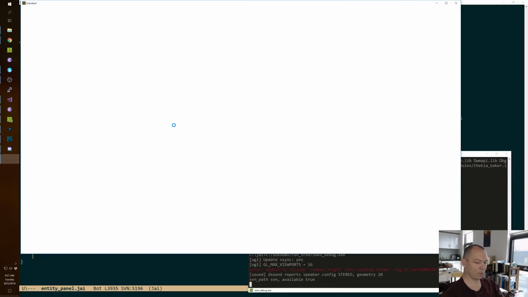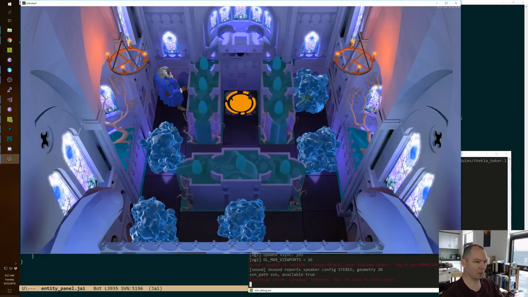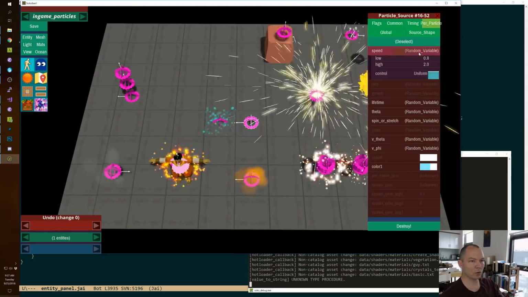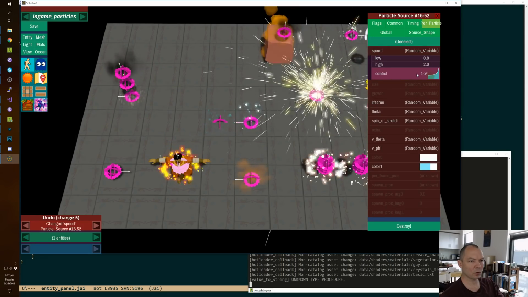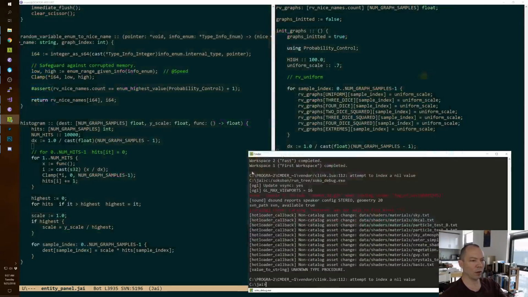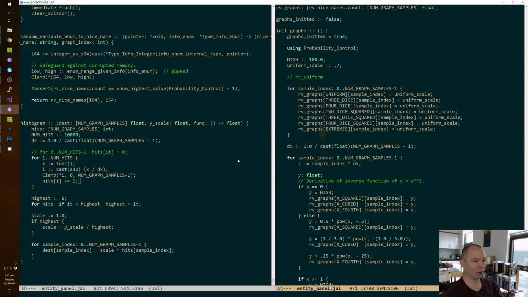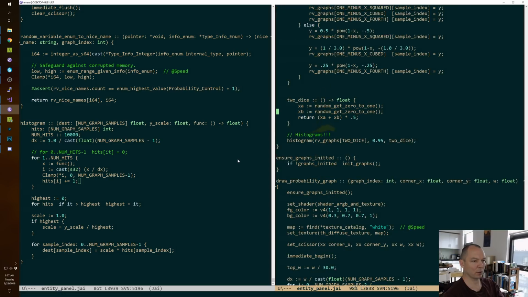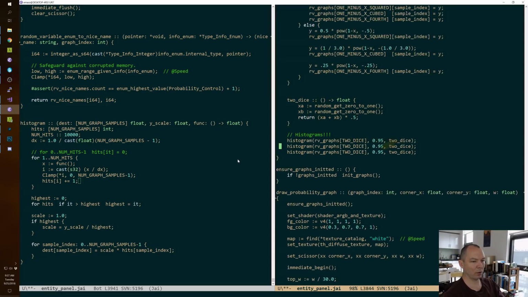Did that work? Chook, chook, chook. 2 dice. All right. So we now easily can do 3 dice and 4 dice, right? So 2 dice, 3 dice, 4 dice, right? See what I'm saying?